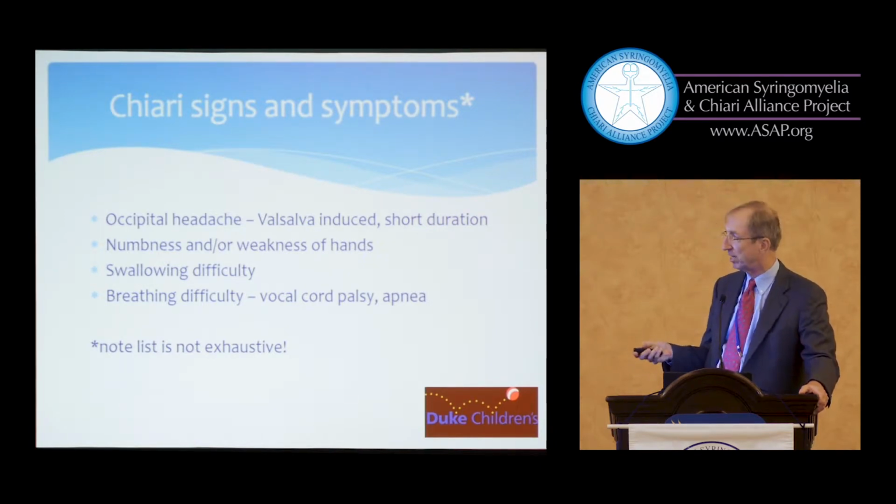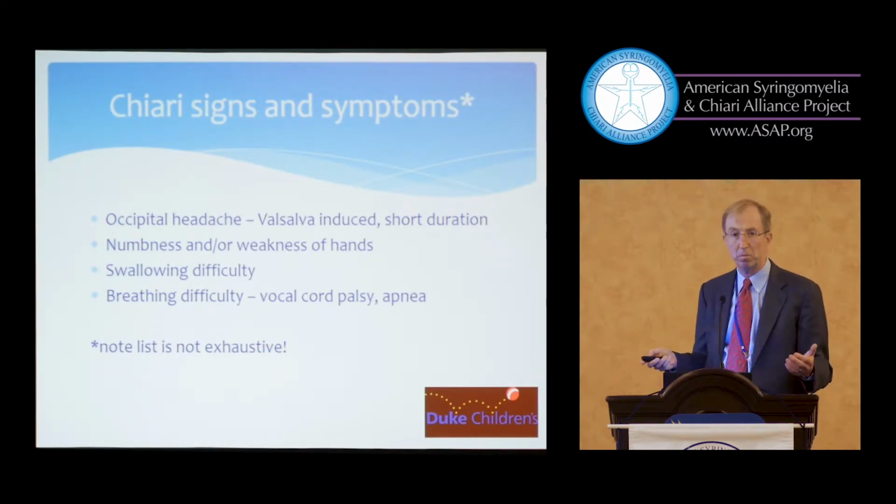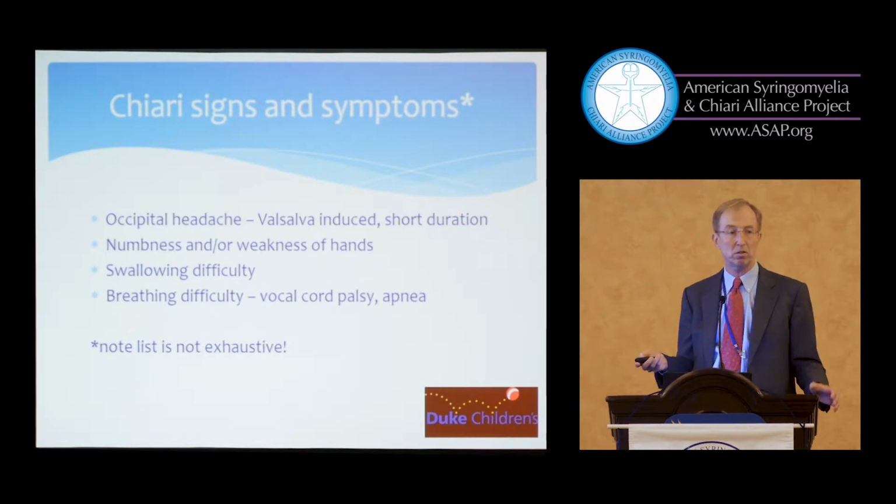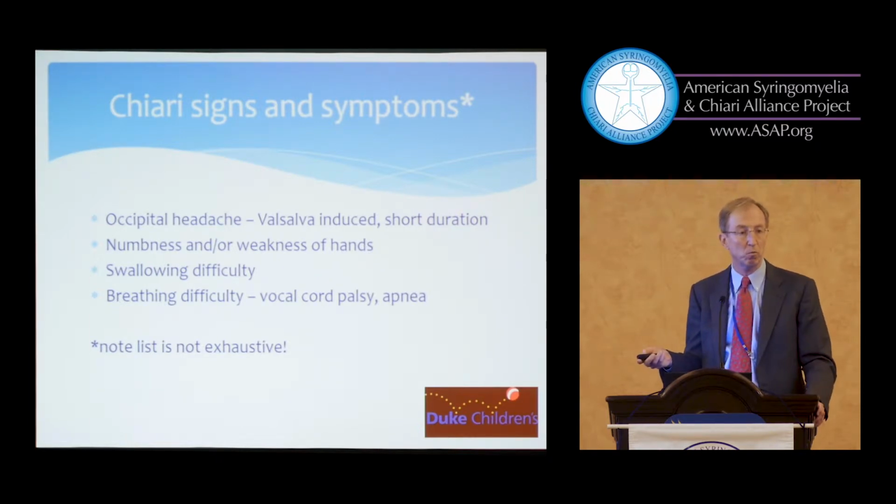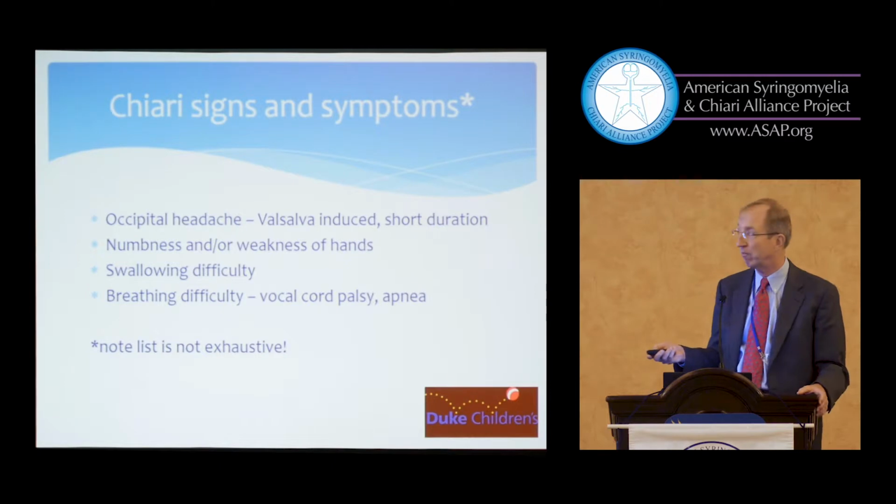This is not an exhaustive list of Chiari symptoms, but I wanted to focus on some of these that seem to correlate better with how patients respond to Chiari surgery, what gets better and what doesn't after you operate on somebody.